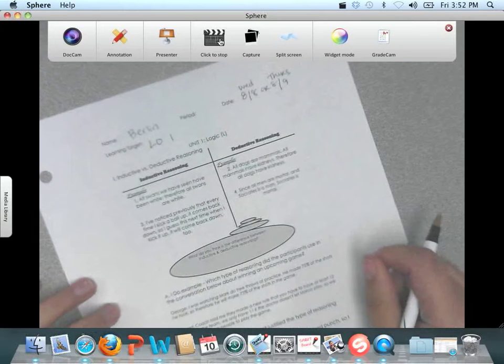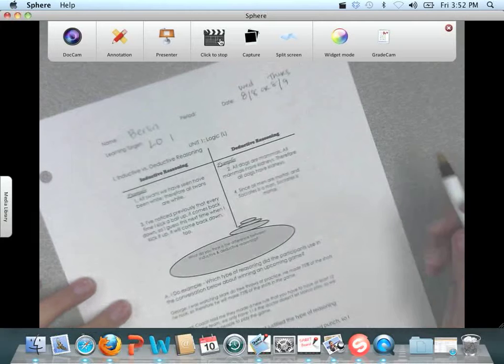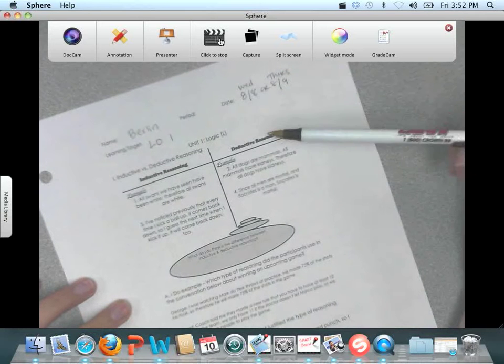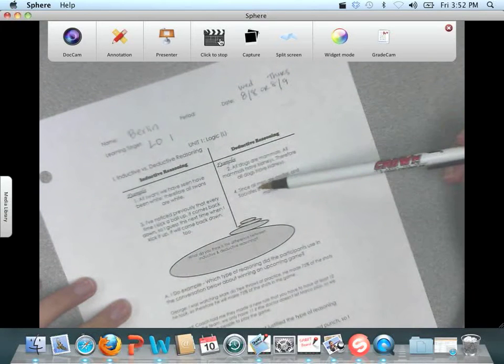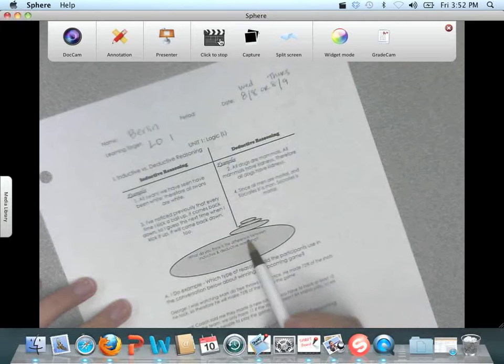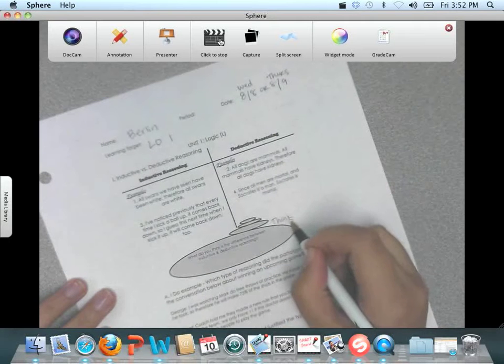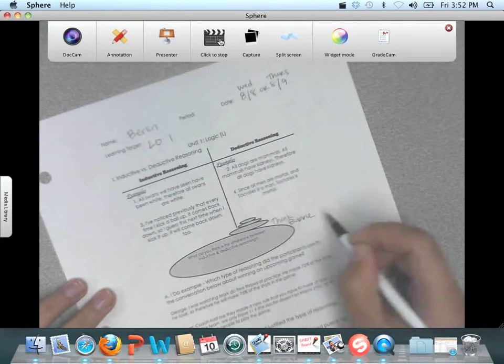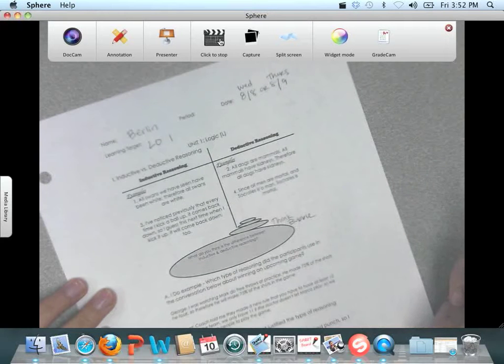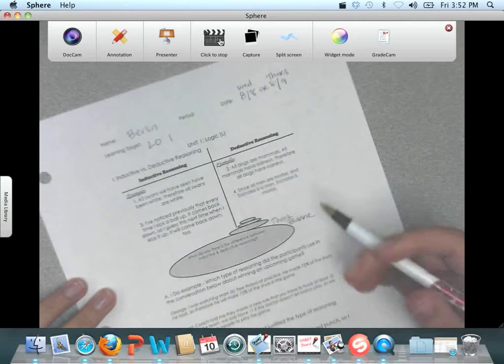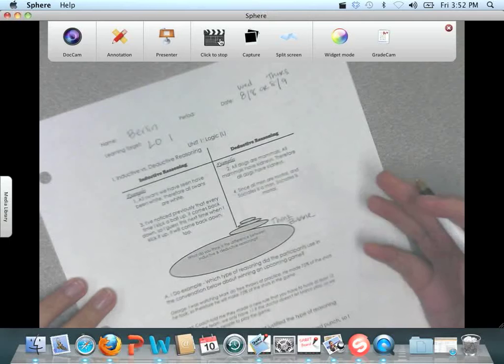Okay, so inductive versus deductive. Take a couple seconds to read through each of the examples and decide what you think the difference is. This is a think bubble. It's a chance for you to take a moment to process the information and write a thought down. It can be anything.